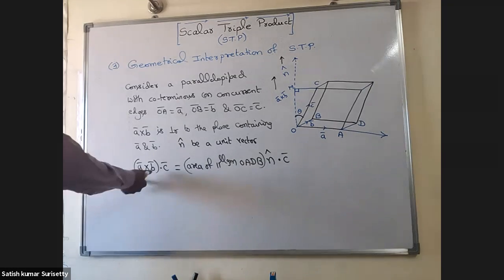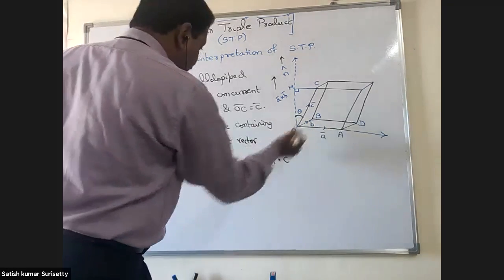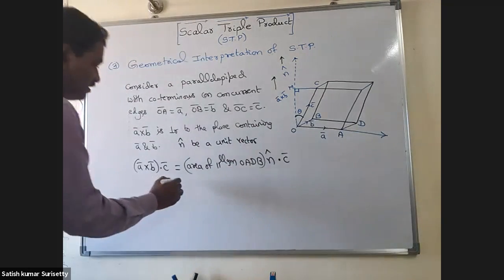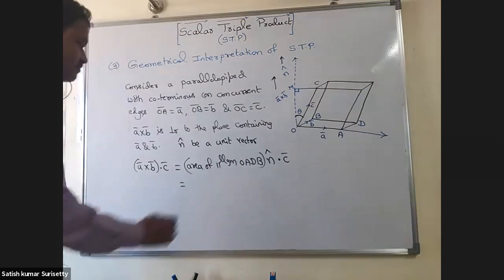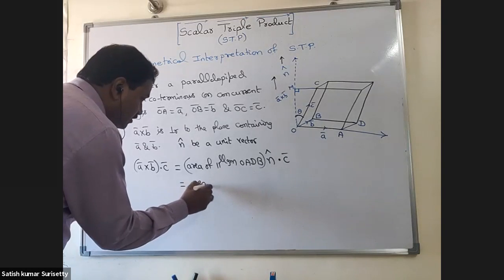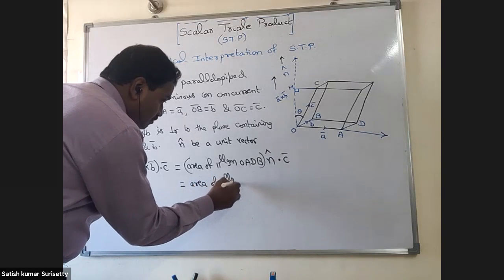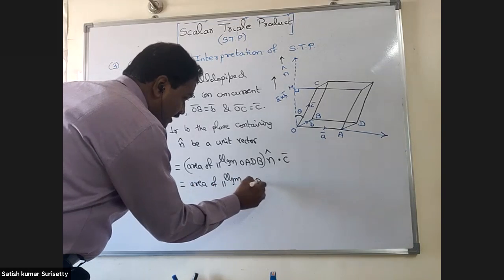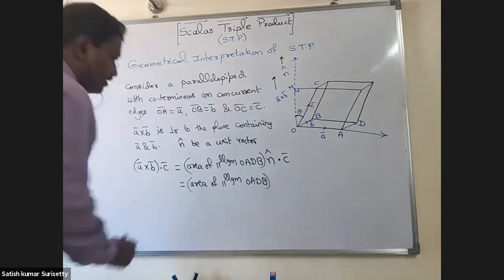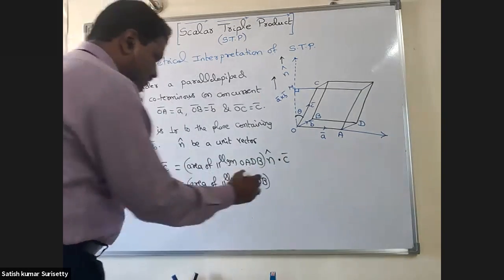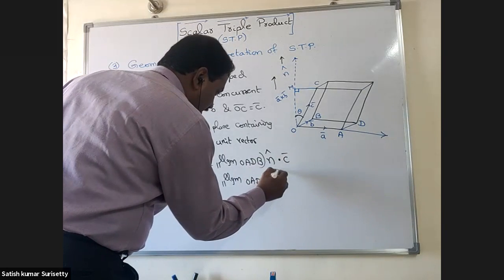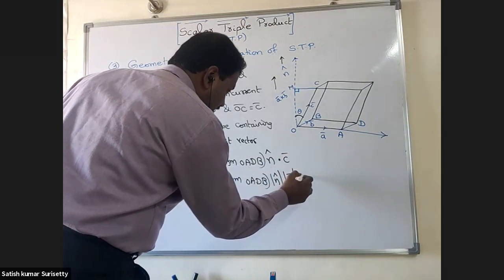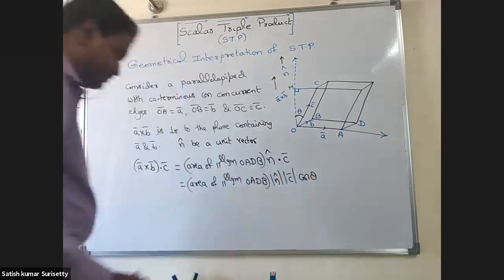So that vector area of parallelogram is OADB into unit vector. Now, this will be same as area of parallelogram OADB into dot product of two vectors, modulus of n cap, modulus of C bar into cos theta.